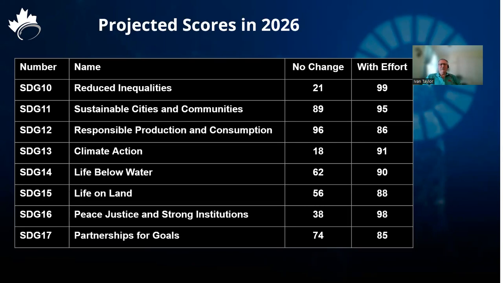Possibly that would mean that it's more difficult to provide responsible production and consumption when we're also trying to improve climate action and provide affordable and clean energy. So that's an interesting idea, that there are trade-offs involved in the future projections, and that it's not an overall improvement for everything.